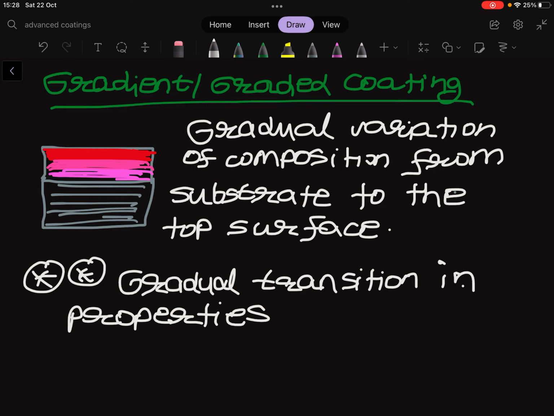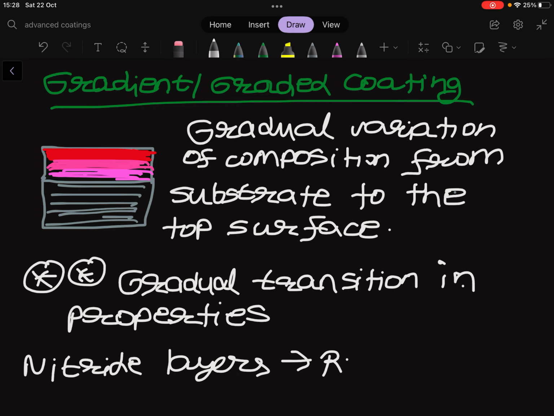So how can we produce these nitrided layers? So nitrided layers can be produced, by taking an example of reactive sputtering.